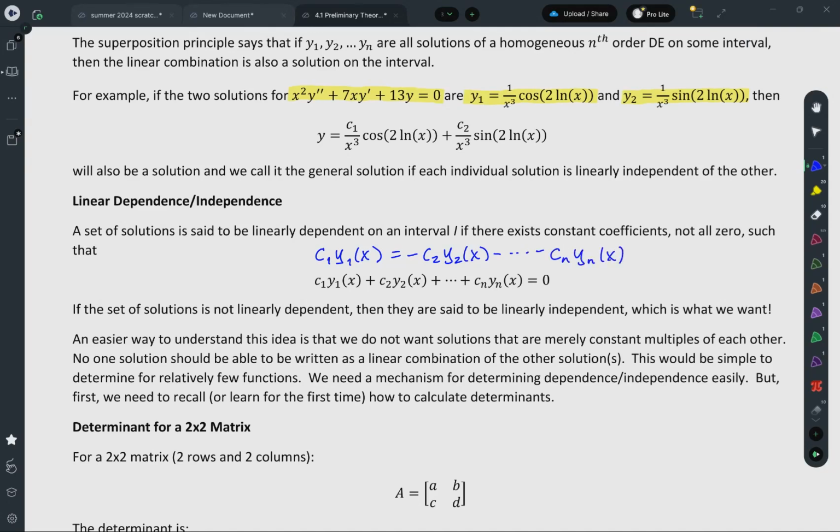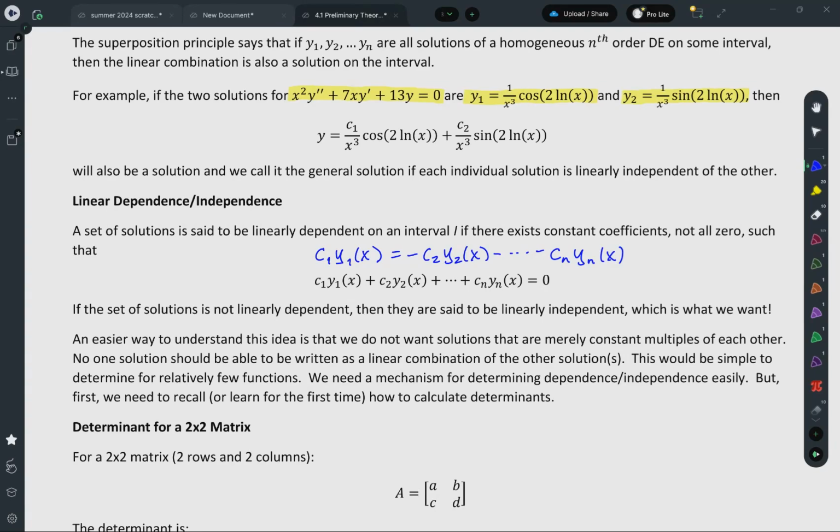What this is saying is that y1 of x can be written as a linear combination of all the other solutions, which would mean that it's dependent on them, right? Because it can be represented as a linear combination of the others. So this would be a dependent situation.